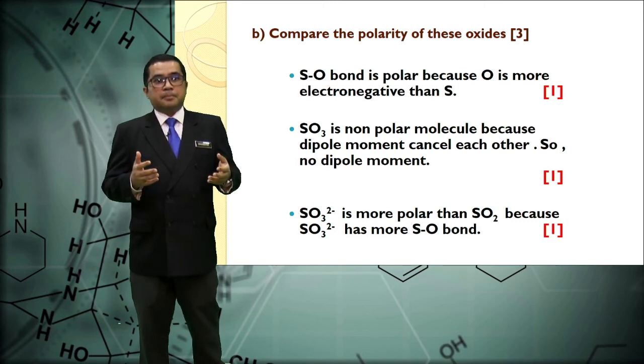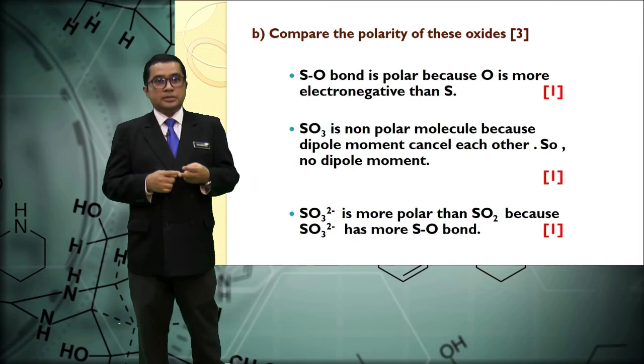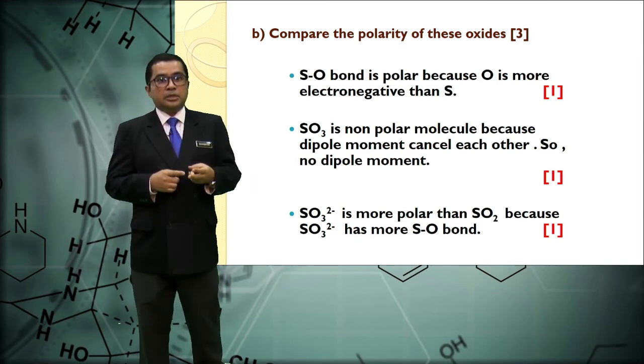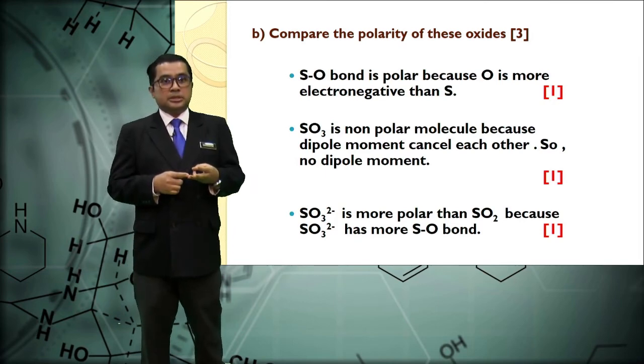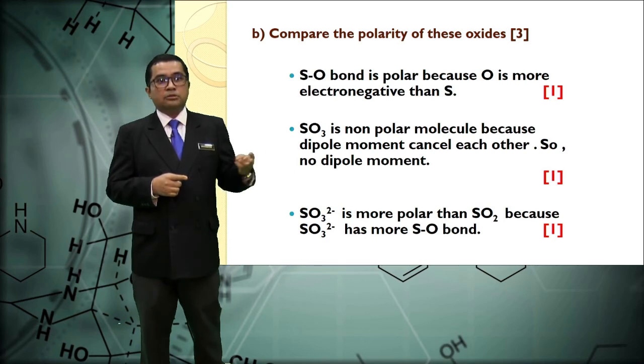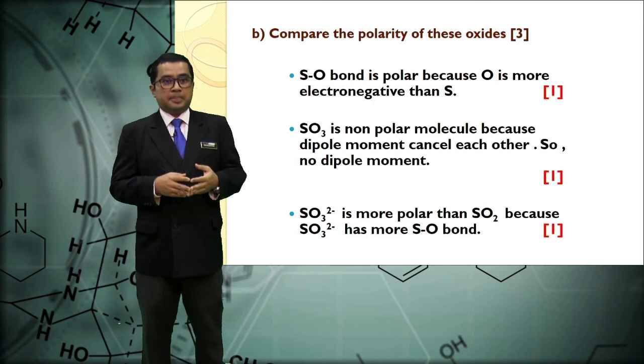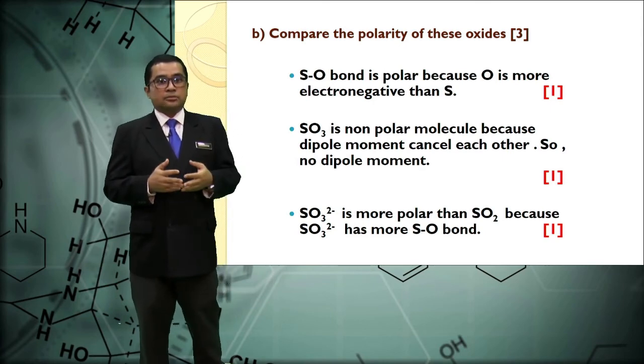So the order of polarity is: the most polar is SO3 2-, the second is SO2, and the non-polar molecule is SO3. So this is how you can get the marks for part B. Okay, we go to the next one.